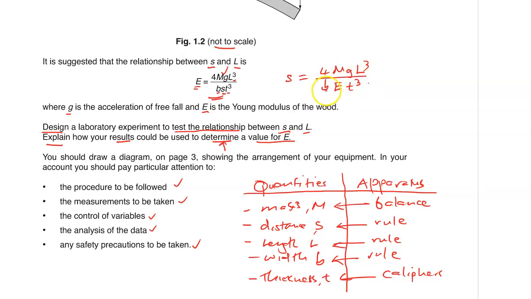You have measured B, you have measured T, you have measured L. M is constant, G, and Young modulus. Young modulus, you're supposed to be able to determine it for you to use this expression. So you can now see you have gotten the relationship between S and L here. So that's what you're trying to test.